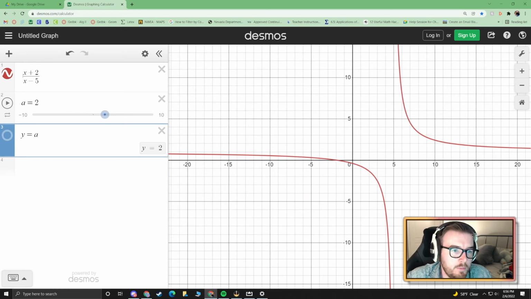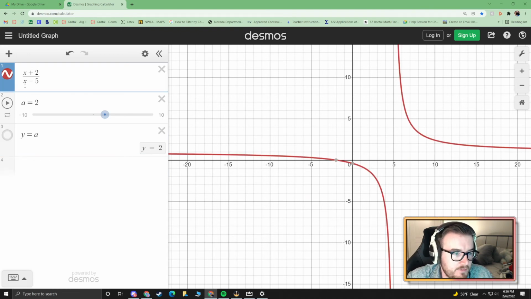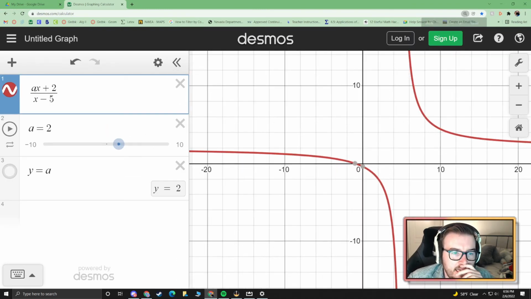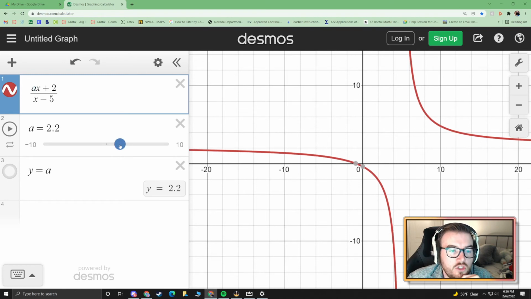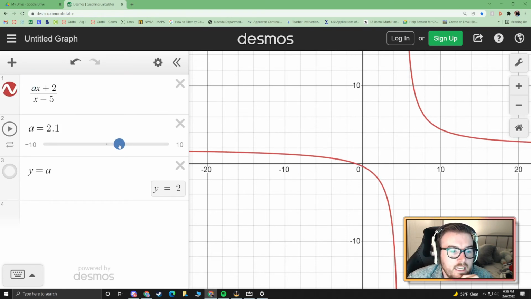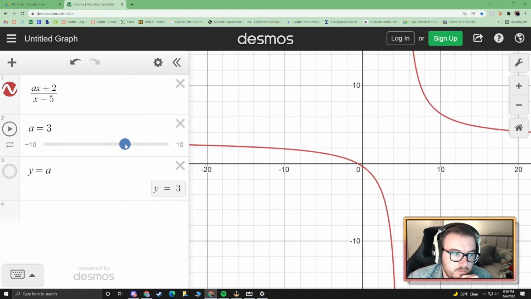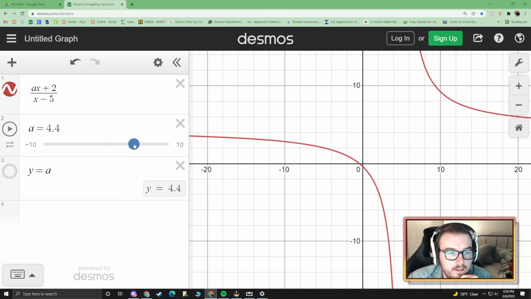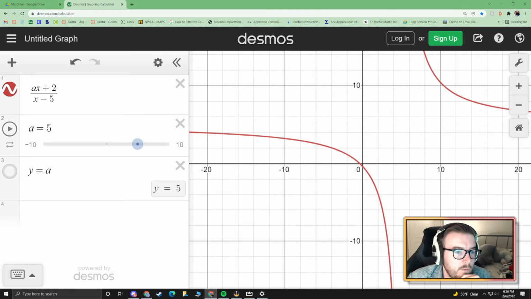So I'm going to put an a in front of x. Now I can make a whatever I want it to be. I could make it 2x plus 2. I could make it 3x plus 2, 4x plus 2, 5x plus 2. I am altering the coefficient out in front. I'm not altering the bottom. I'm leaving it as 1.